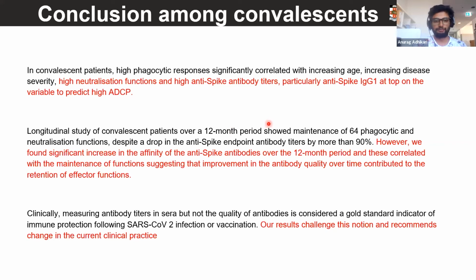And then, of course, in the longitudinal scenario, what we saw was although the titer or amount of antibody was decreasing, the affinity was increasing by many folds, which is good news.